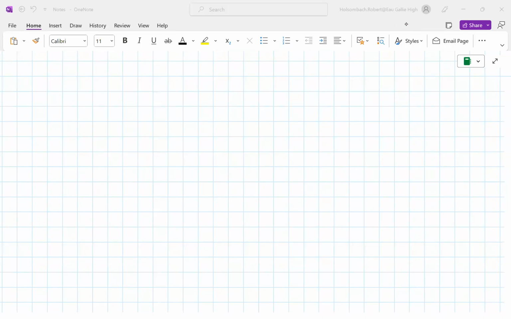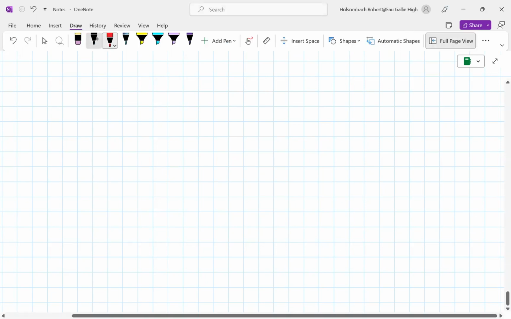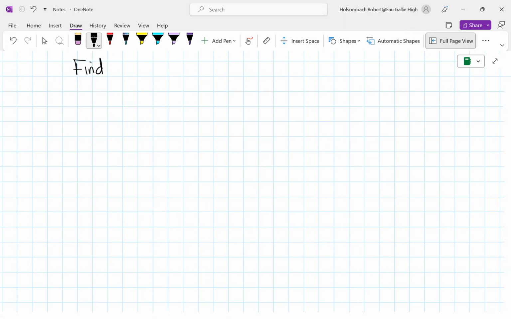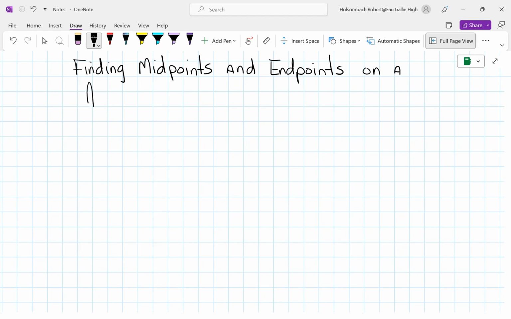All right, we're on page 27 in the book, and today we are going to be finding midpoints and endpoints on a number line and coordinate plane.